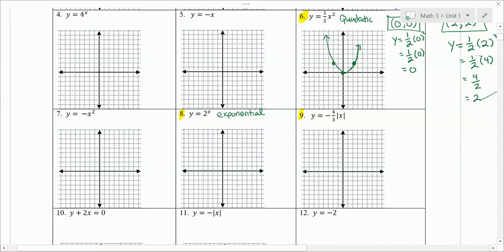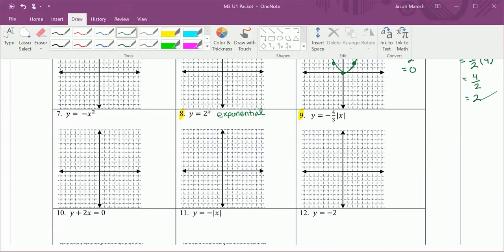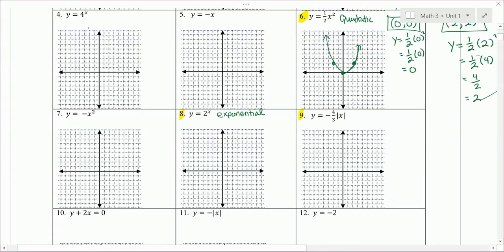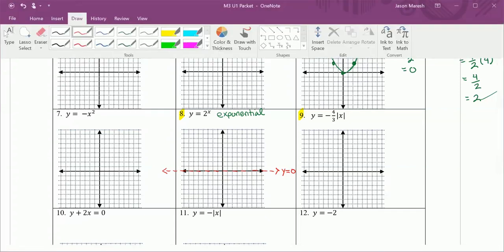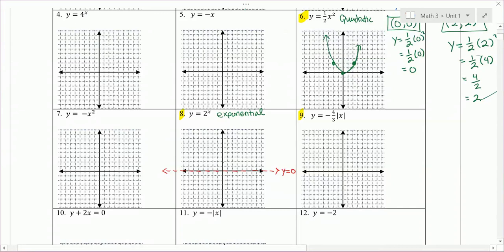Actually, what it has is a horizontal asymptote, which I'll mark here. It's actually the line y equals 0. That's my horizontal asymptote. That's not part of the exponential graph, but it gives shape to it. The exponential graph, I'll graph in green here.